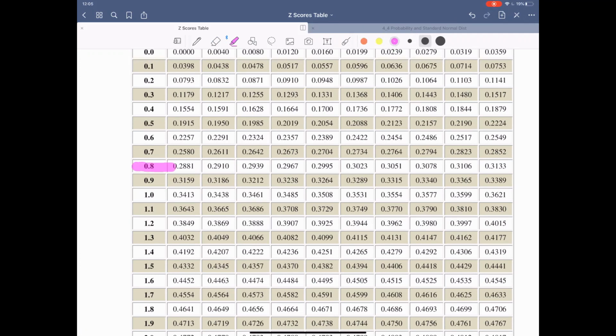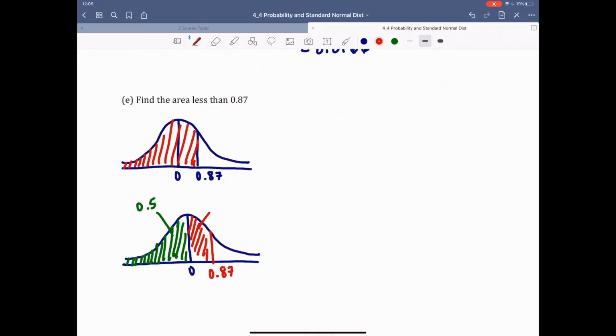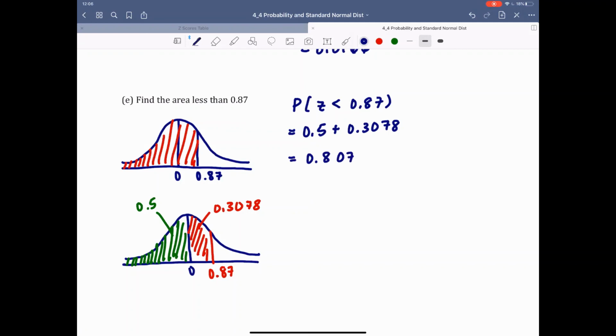So we have 0.8. And for the second decimal place, we want to look at 7. So the value of interest is 0.3078. So the probability that z is less than 0.87 is equal to 0.5, so the entire left-hand side, plus the area between 0 and 0.87, and it's equal to 0.8078.